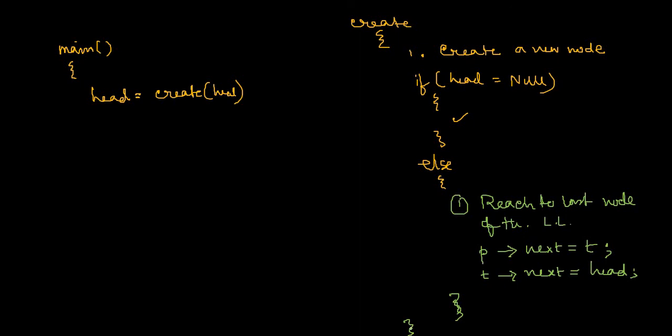If you delete the last node, then you must remember that the next part of the second last node should now contain the address of the head. So you should ensure that before you delete the last node.